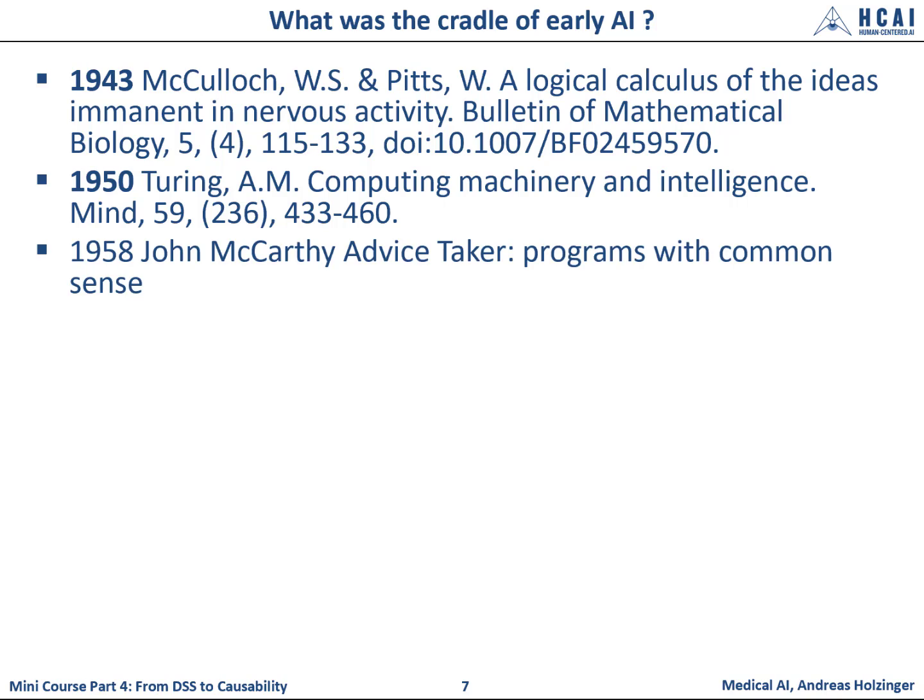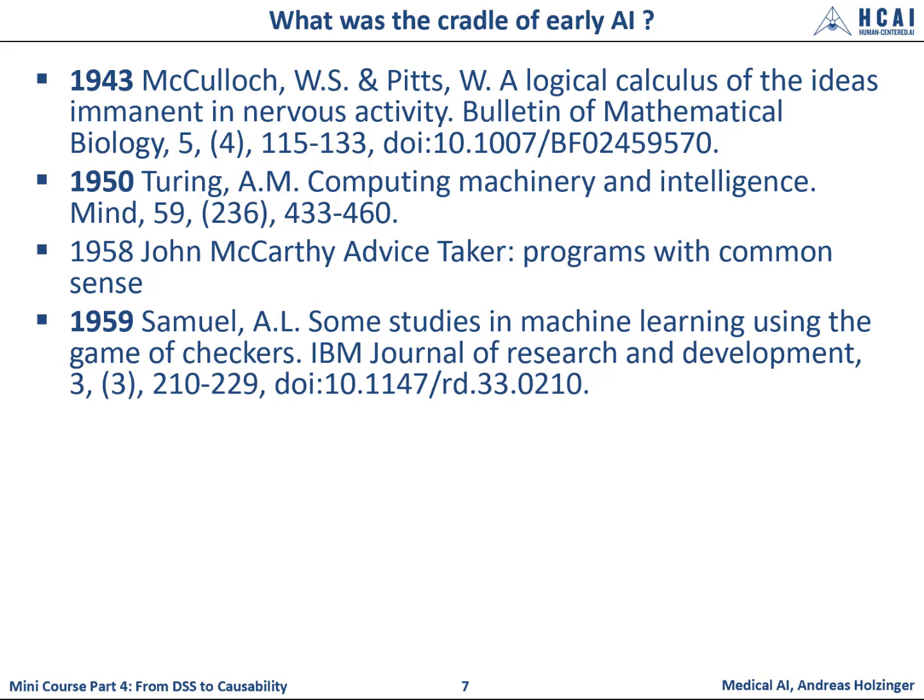Then in 1958, an implementation by John McCarthy, the Advice Taker, Programs with Common Sense. And then in 1959, a study using the game of checkers. So the first artificial intelligence was concentrating on games: the game of checkers, for example, later on the game of chess, and most recently the game of Go.